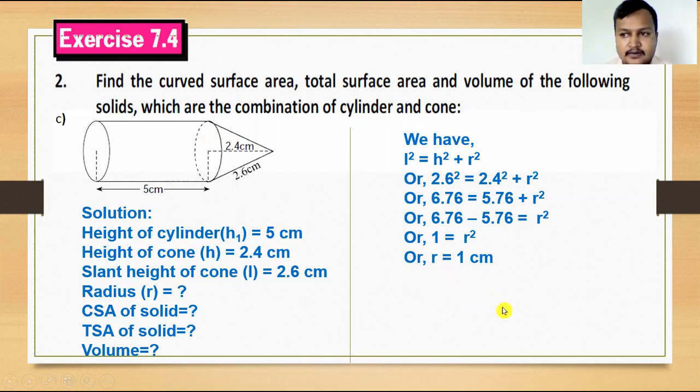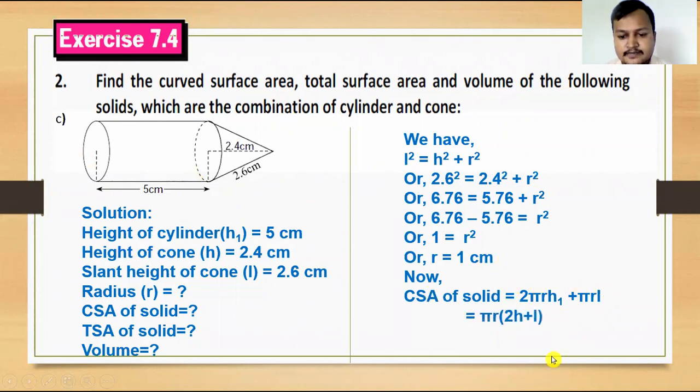Now after getting the value of r, use the formula of curved surface area of the solid, that is 2 pi r h1. It is the curved surface area of the cylinder. Plus pi r l is the curved surface area of the cone. So if both are added, it gives us the curved surface area of this whole solid.